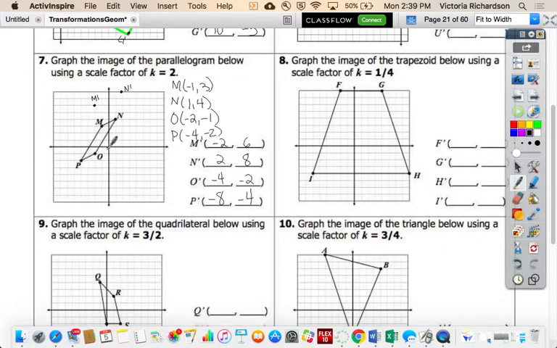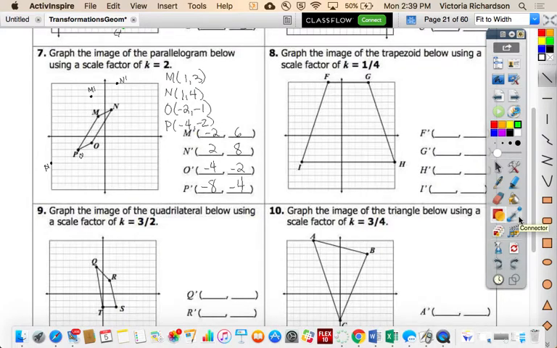O is negative 4, negative 2, so over 1, 2, 3, 4, down 2, which is the same as P. And then P prime is negative 8, negative 4. So I'm going to go all the way to the left and down 1, 2, 3, and 4. And that is P prime. So now I'm going to connect my points.